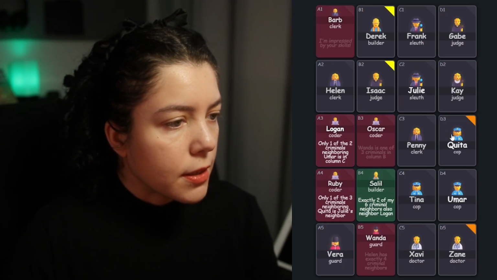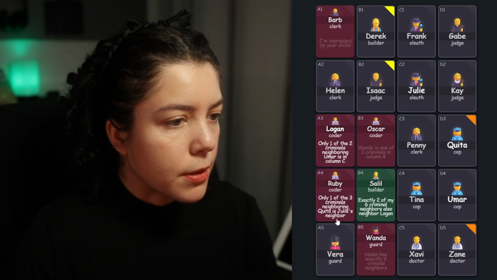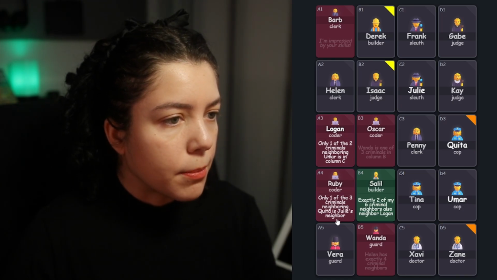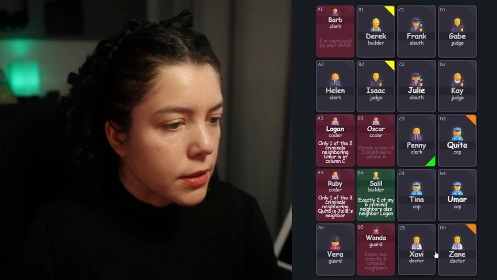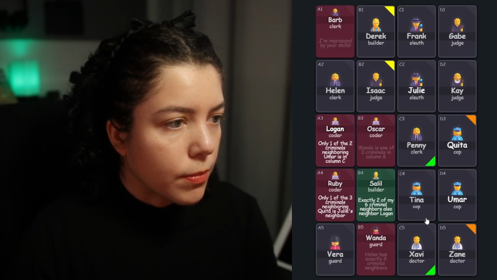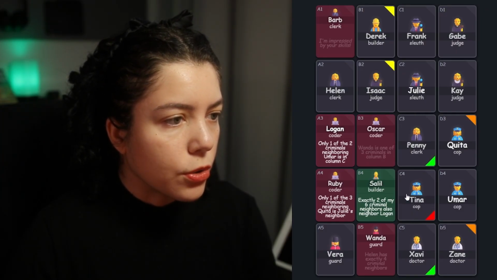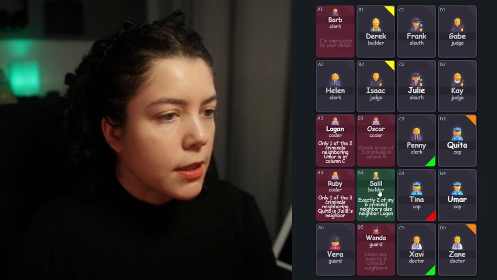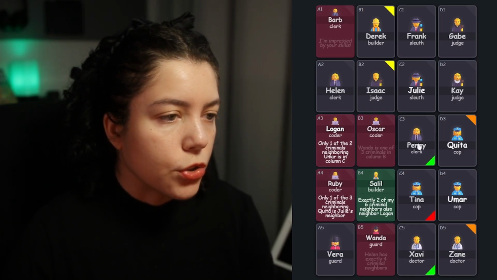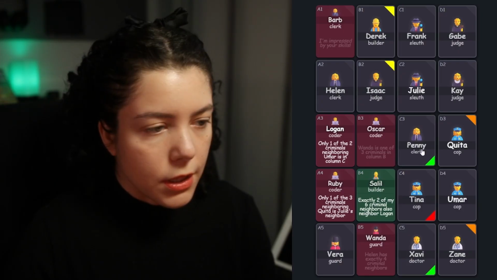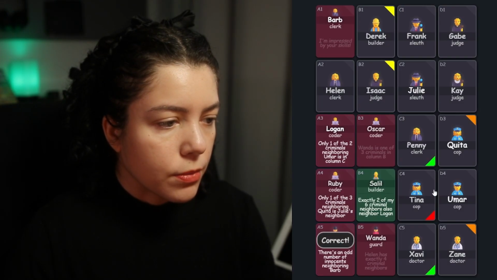And Ruby says that only one of the 3 criminals neighboring Kita is Julie's neighbor. But let's take a step back because we know that there's 2 instances here neighboring Umar in column C and 1 criminal, right? According to Logan's clue. So that makes Saleo's 2 instant neighbors that we know that he has only 2 be in column C, which makes Vera a criminal.